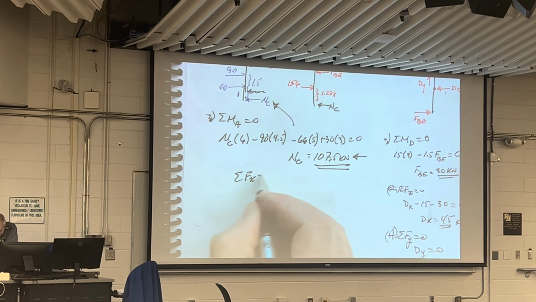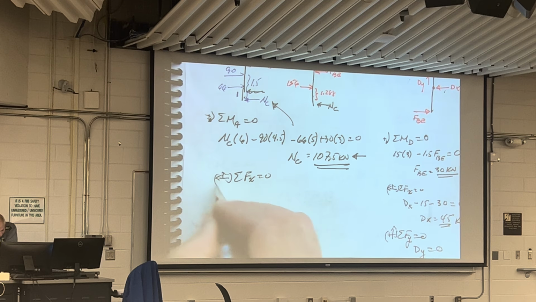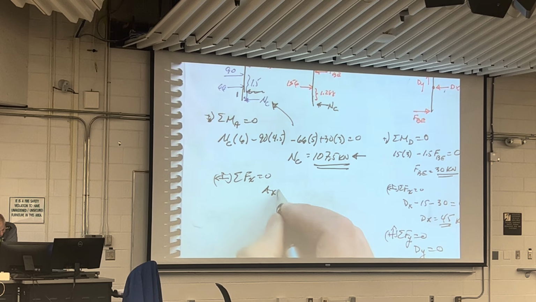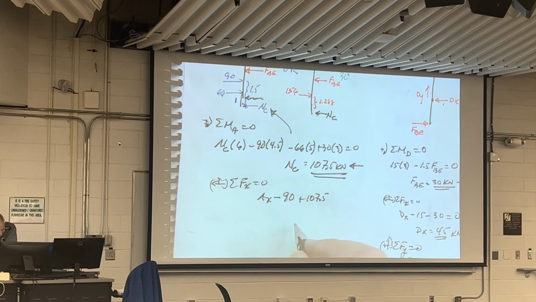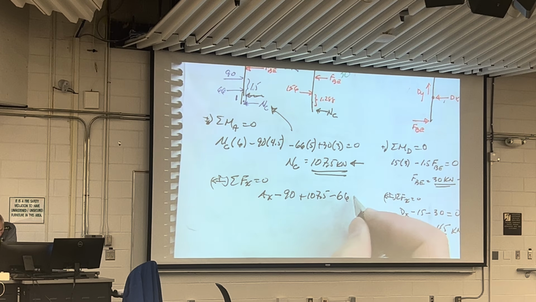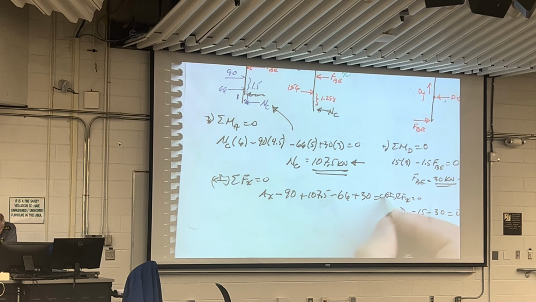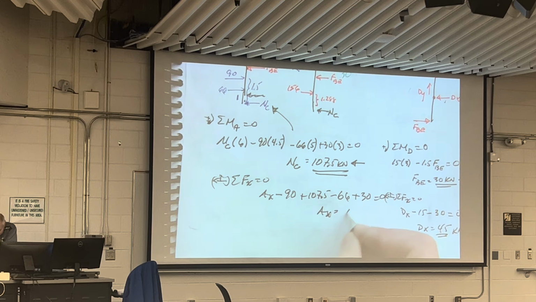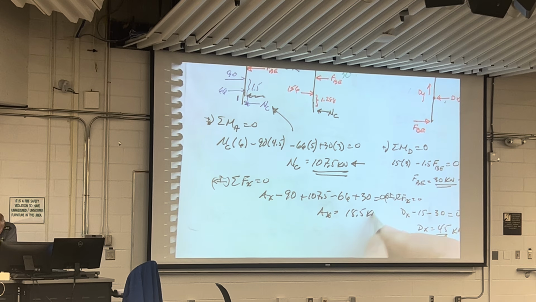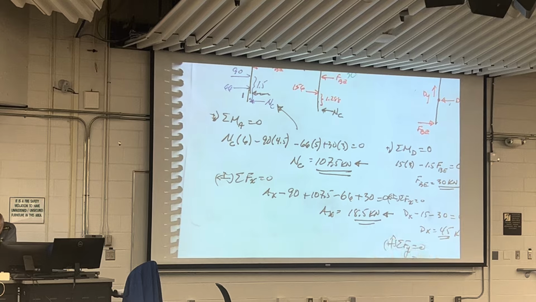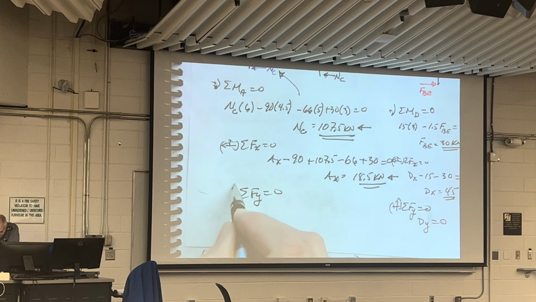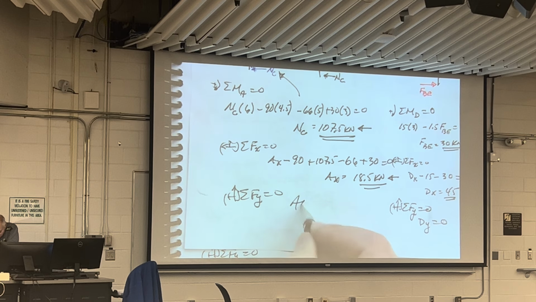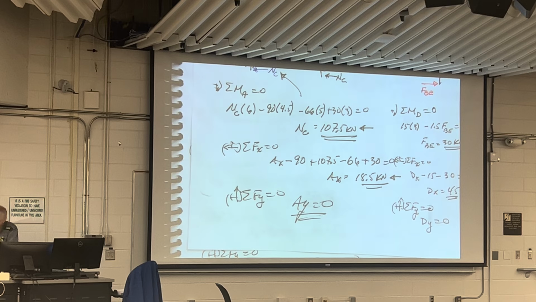Sum forces in the x equals 0 positive this way. AX minus 90 plus 107.5 NC minus 66 plus 30 FBE equals 0. AX is 18.5 kilonewtons to the left. Sum forces in the y equals 0 positive up. AY is 0. Nothing to it. Piece of cake.